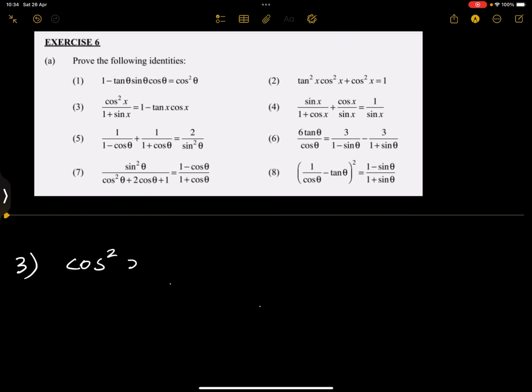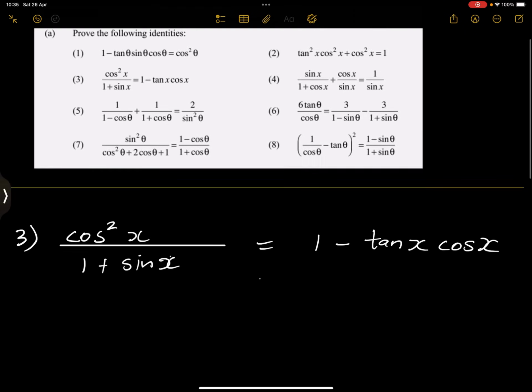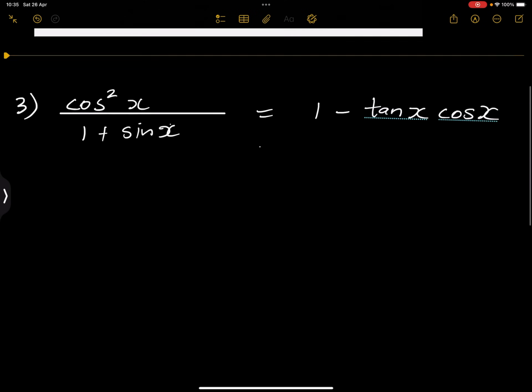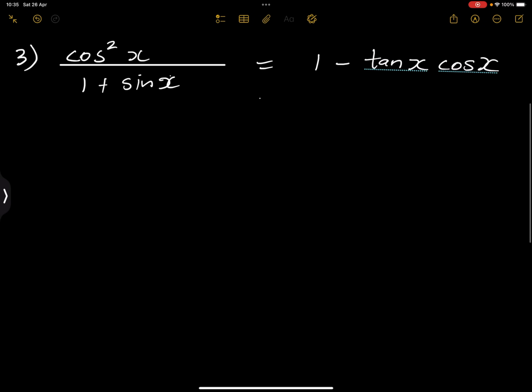We've got cos squared of x divided by 1 plus the sine of x, and they want us to prove that this is equal to 1 minus tan of x multiplied by cosine of x. I want us to look at this together. I said the first thing that we do is always work on the left and right hand side separately.